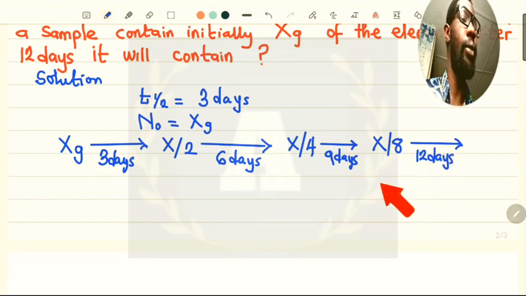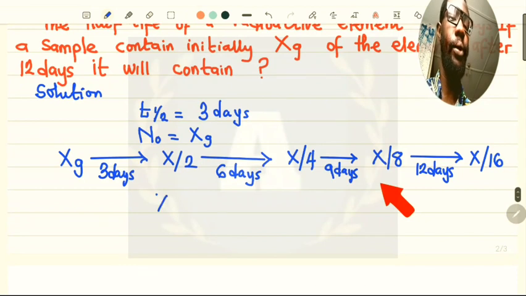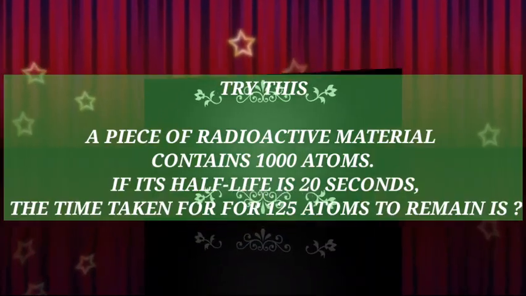So after 12 days, what we have left is x over 16 gram. The answer to that question is x over 16 gram will remain after 12 days.